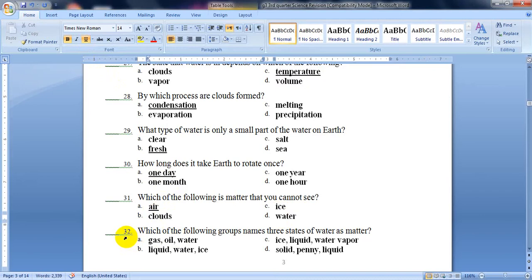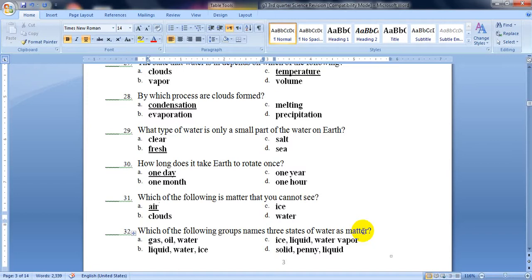Question number 32. Which of the following groups names 3 states of water as matter? Any kind of matter has 3 states, which are solid, liquid, and gas.